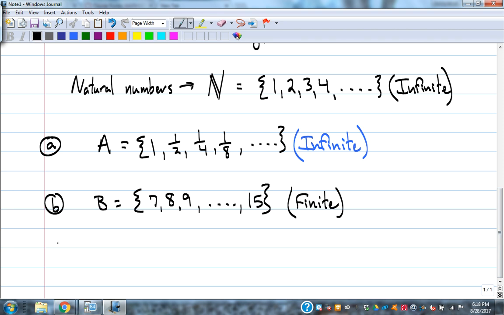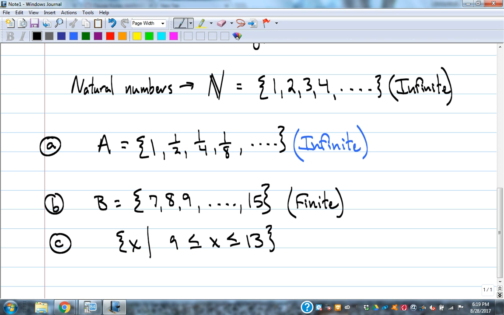Now, here's a weird way for them to set up a set. Let's say they had X and then this straight up and down bar. That says X is what we're looking at. X is the number, and the straight up and down bar is read as "such that," and then we have 9 is less than or equal to X is less than or equal to 13. That's telling me that X is bigger than 9, smaller than 13.